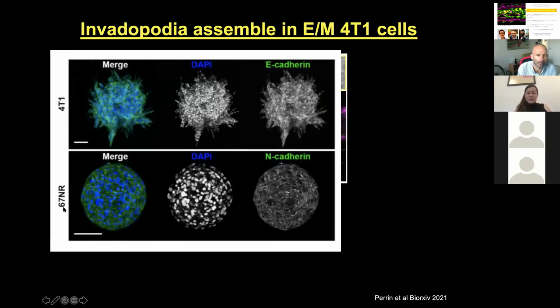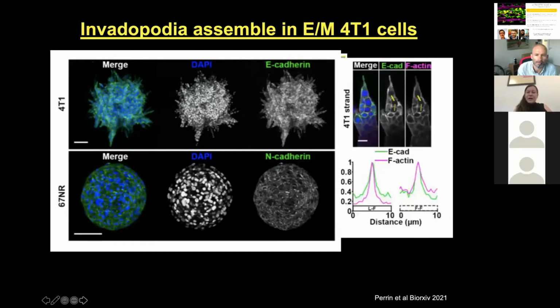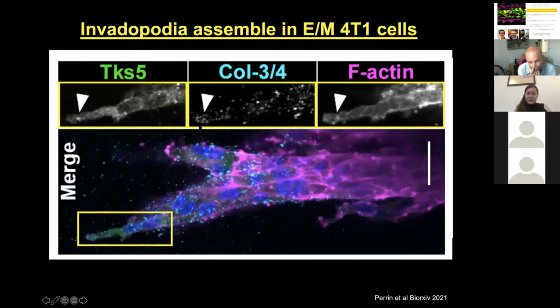The other one is called 67NR, and it's officially a mesenchymal cell, but it doesn't have invadopodia and it doesn't invade. We thought that was quite interesting. And here I'm just showing you that the leader cells in the spheroid are actually the ones degrading and making TKS5 in the 4T1 cells.